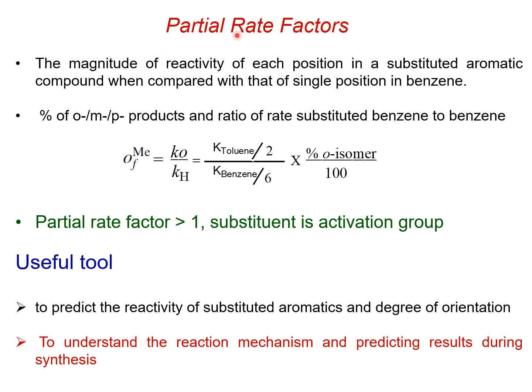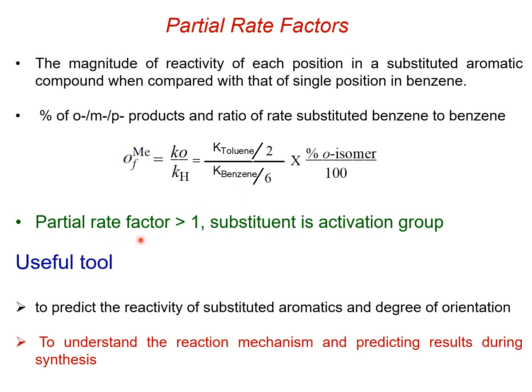Thus, partial rate factor is nothing but magnitude of reactivity of each position in a substituted aromatic compound when compared with the single position in benzene. For calculation of partial rate factor, you will require two values, percent isomer and rate ratio of substituted benzene with that of benzene.